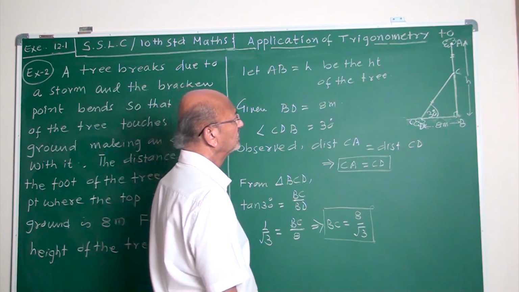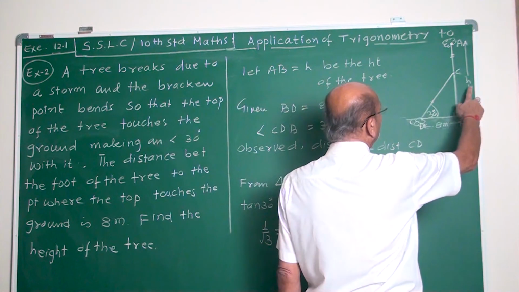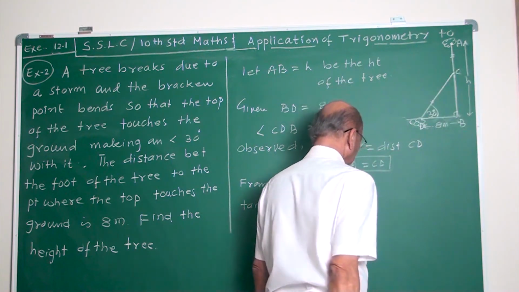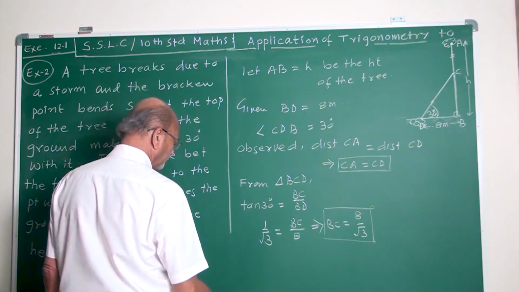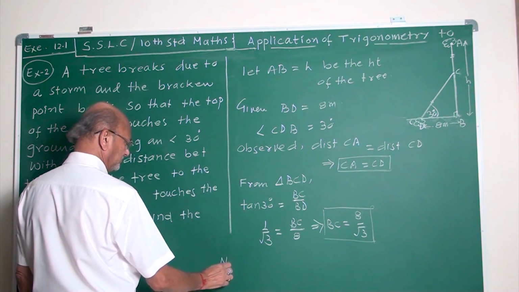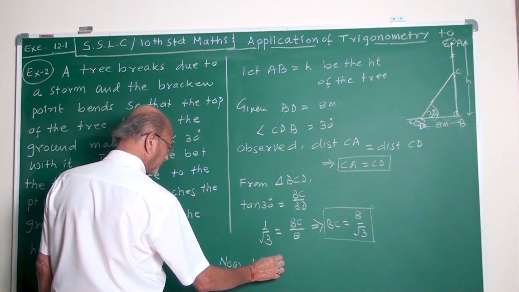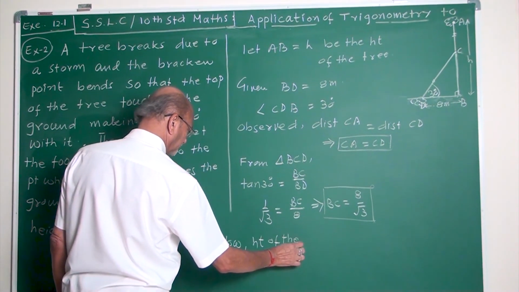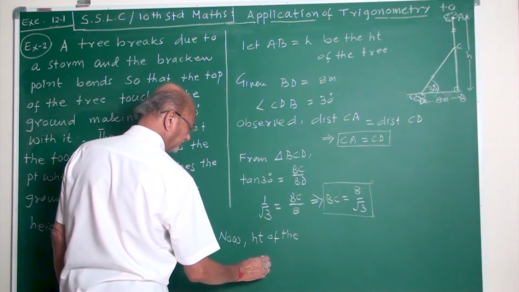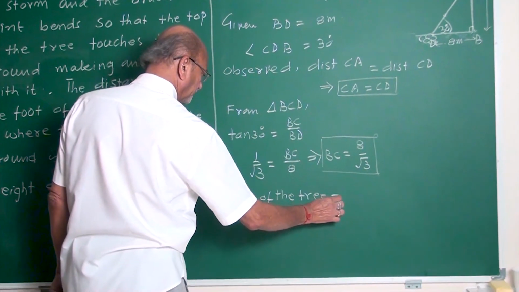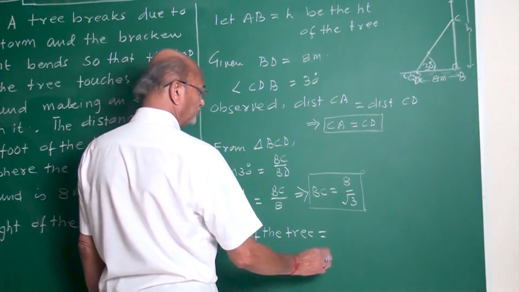Tell me, my friend, what is the height of the tree? H equals BC plus CA. Height of the tree is H. H means what, my friend?